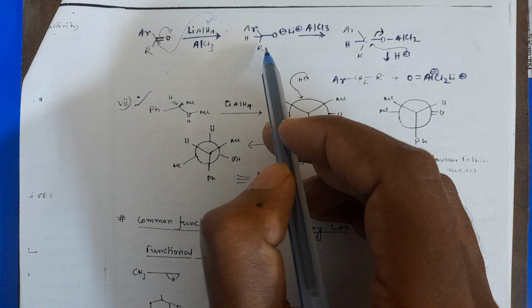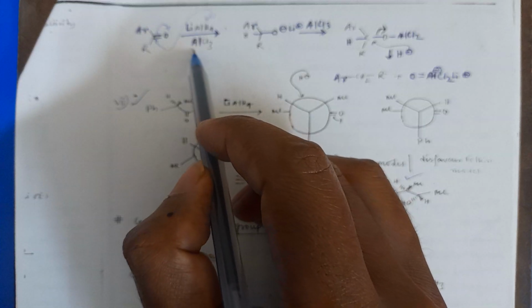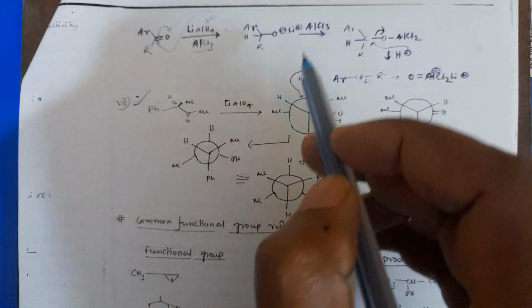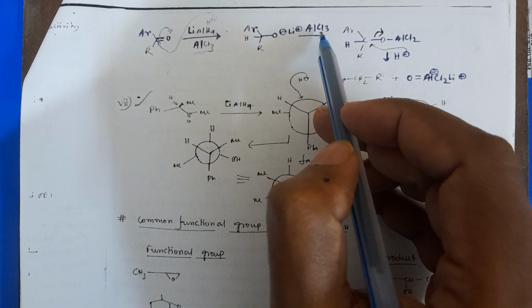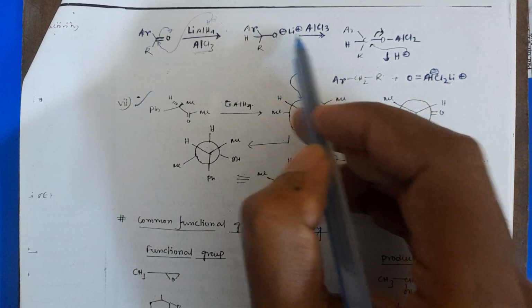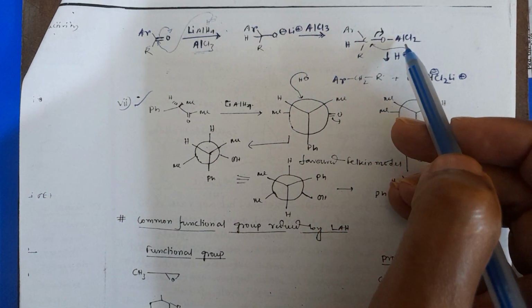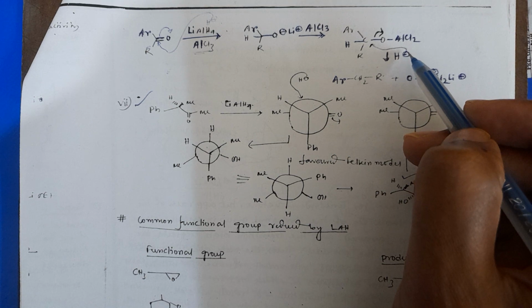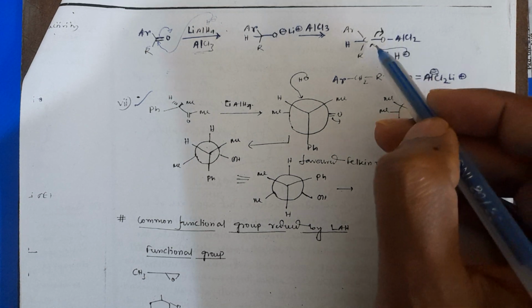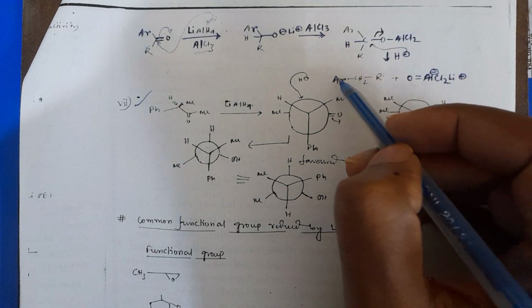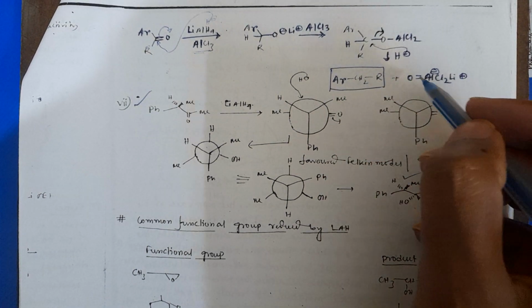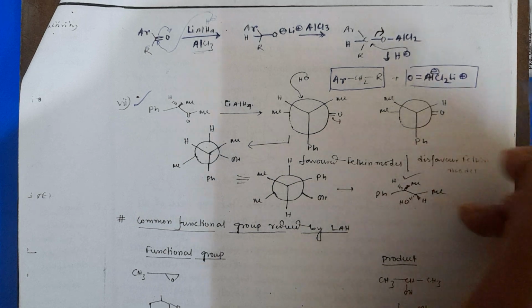Now further, in presence of aluminum chloride, which can act as a Lewis acid, it directly bonds with this O minus, and finally one equivalent of hydride ion will attack there, and ultimately it forms the reduced product and some other byproduct like this.